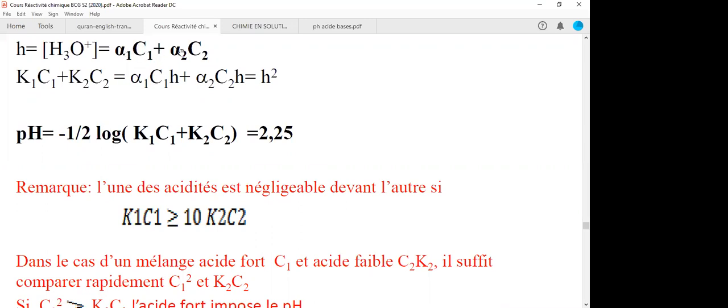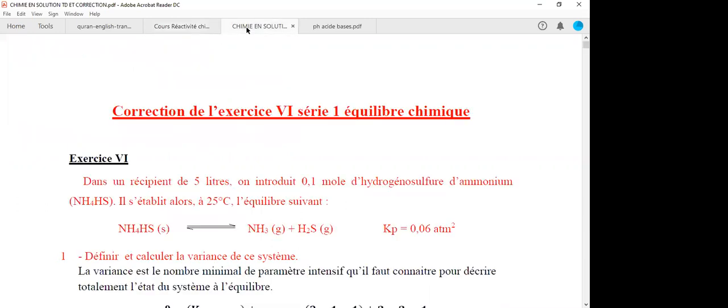H is this one, plus alpha D, concentration of acid D, times H. So K1 C1 plus KD CD is the same as writing H squared. Just a minute, let me check if I simplified this one.